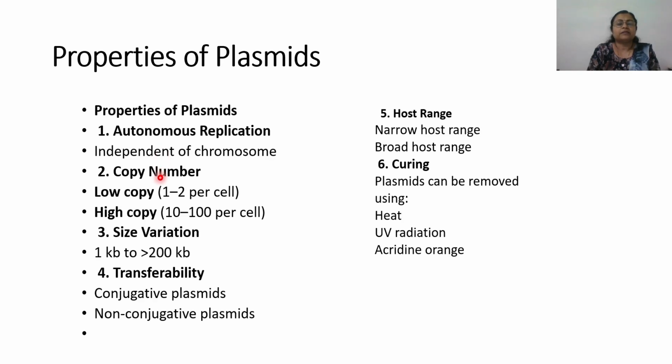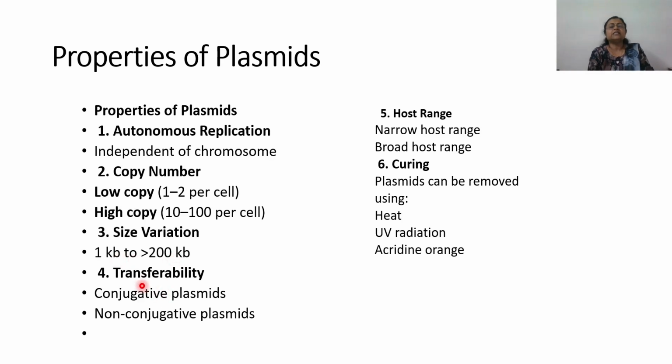Then copy number. Some plasmids are present in number one or two per cell, so they are known as low copy number plasmids. Some plasmids are present at 10 to 100 copies per cell. They are known as high copy number plasmids. Their size is also variable, from 1 kilobase to 200 kilobase.